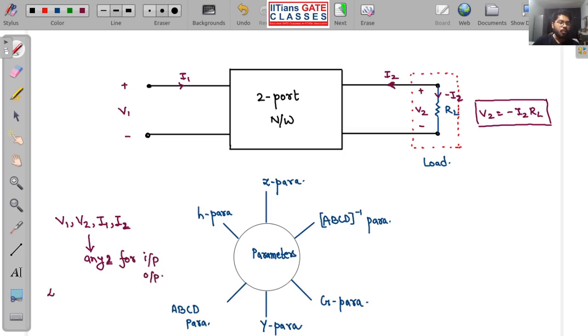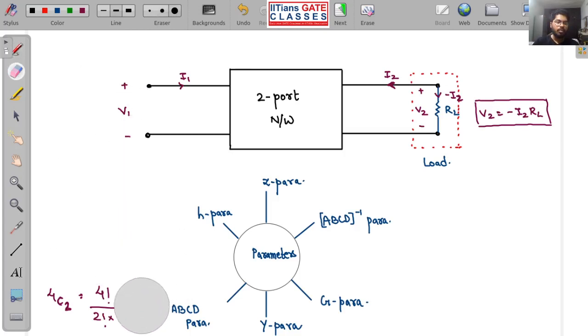So out of 4 parameters, if I choose 2, I can make 4C2 combinations. What is 4C2? 4 factorial divided by 2 factorial into 4 minus 2 factorial, that is 2 factorial. 4 factorial is 24, divided by 4, that comes out to be 6. So in total we have 6 such parameters.